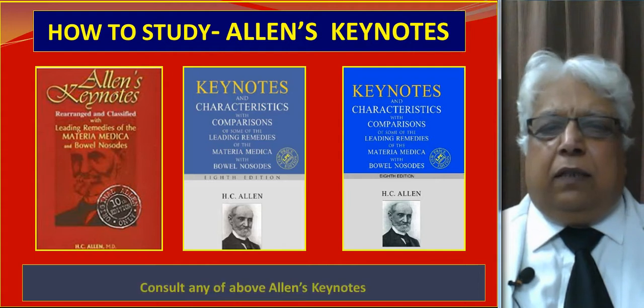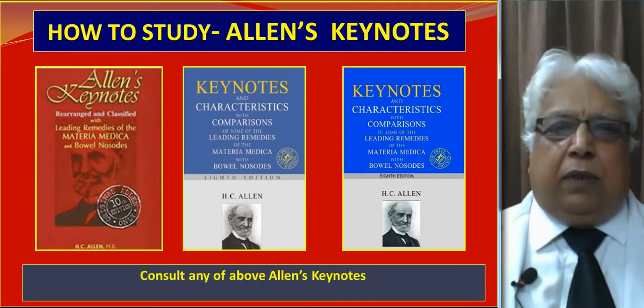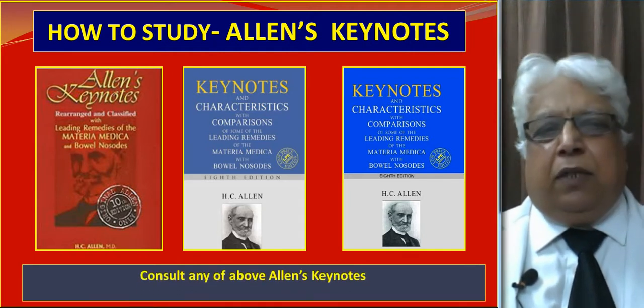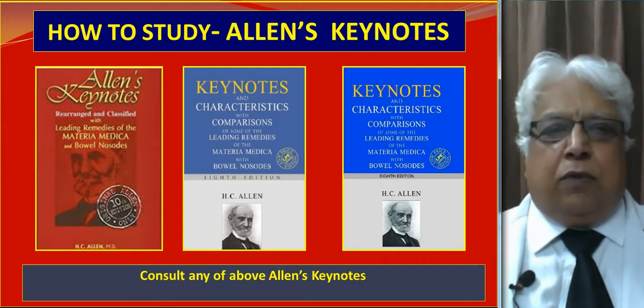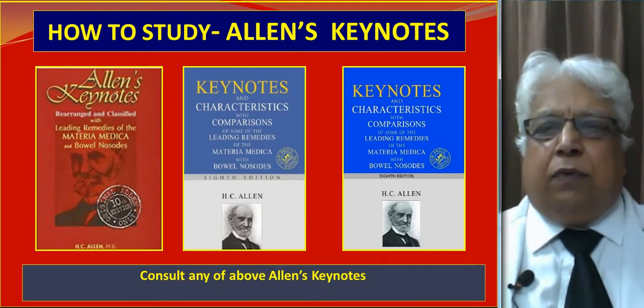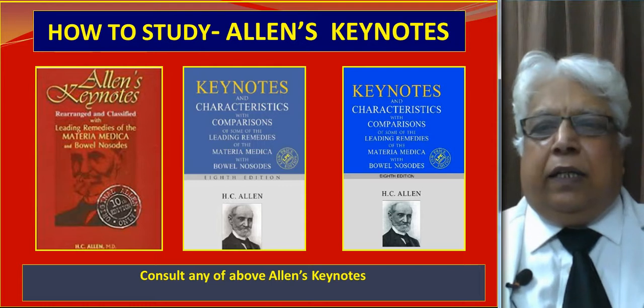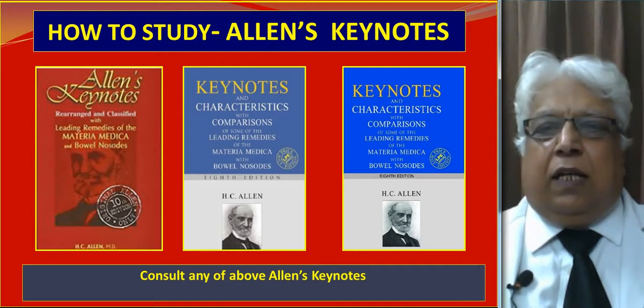You will find there are 3 books available. One is the basic one where you have got all the 187 Materia Medica drugs, another one has the nosodes, and the next one is the leading remedies of Materia Medica, recently rearranged and reclassified.